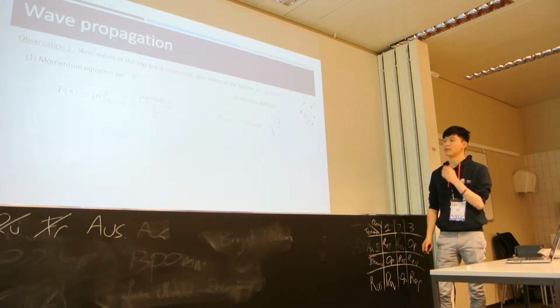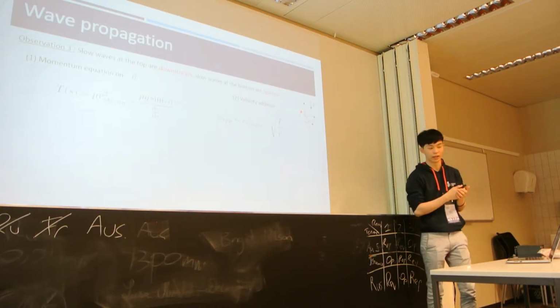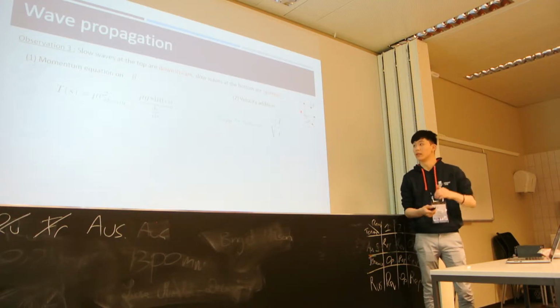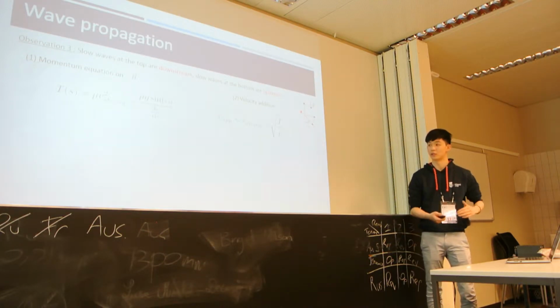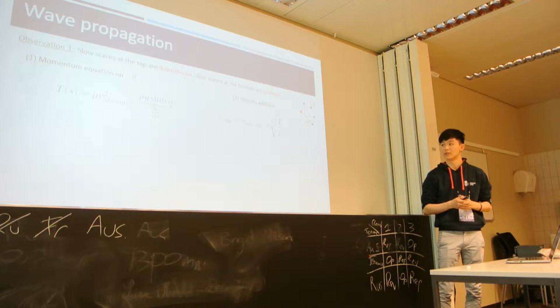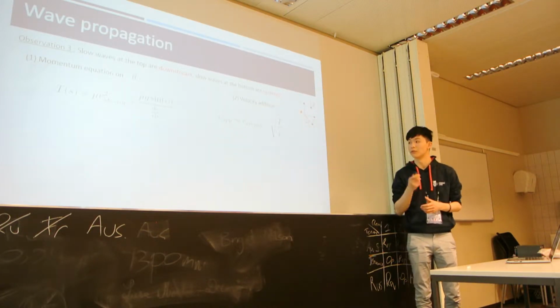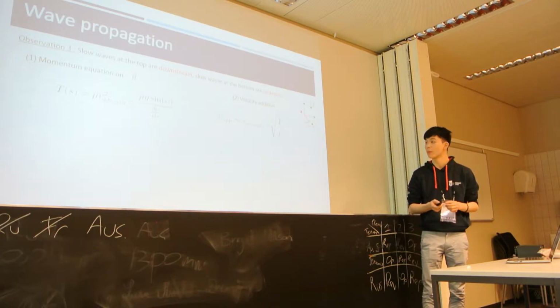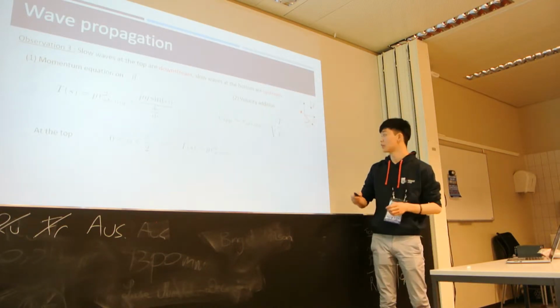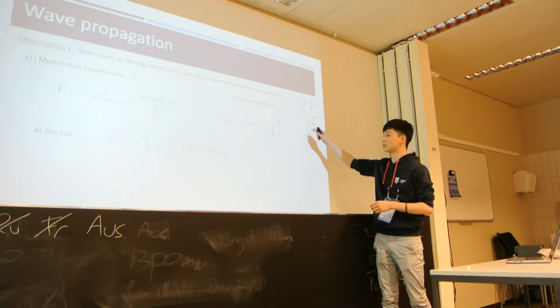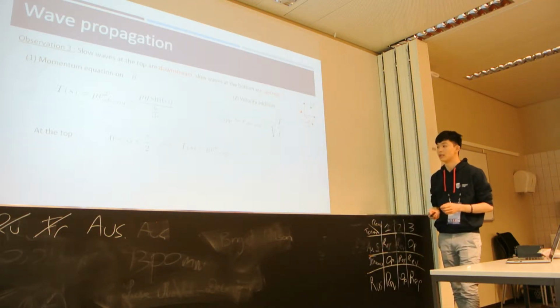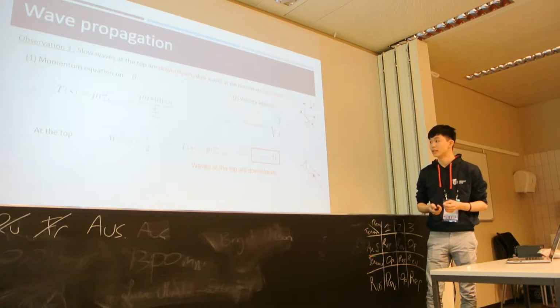Now we'll explain why the waves at the top are downstream and why the slow waves at the bottom are upstream. So we use exactly the same ingredients: the velocity profile, the tension profile and velocity addition. So at the top, if you evaluate this expression when phi is between 0 and pi over 2, the tension is less than mu v squared, and so the apparent velocity is positive.